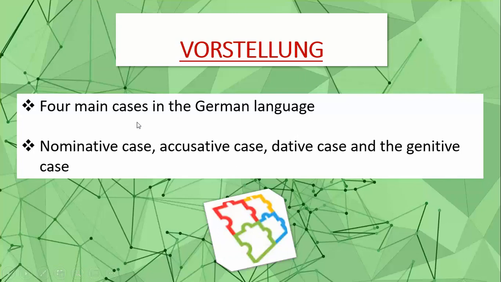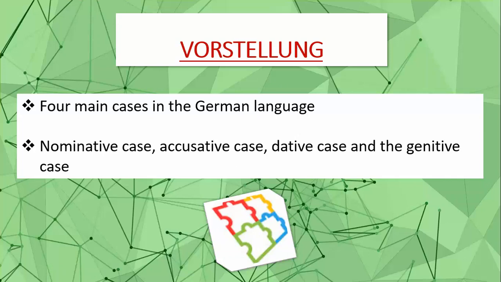And there are four main cases in the German language. And we don't have these cases in the English language, but these are important grammar in the German language. These four cases are nominative, accusative, dative, and genitive.